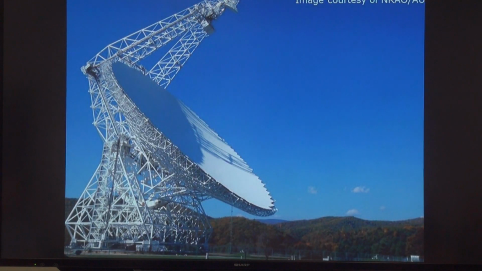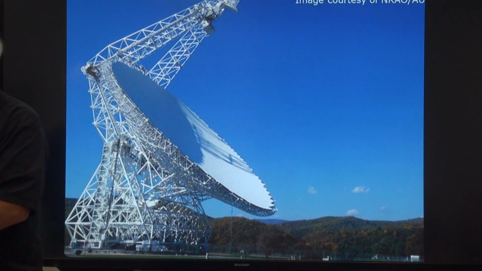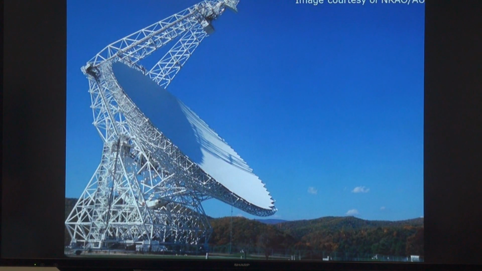And then, of course, there is the GBT. They call it the Green Bank Telescope. I call it the Great Big Telescope. Okay? And that's compared to something that we have in SARA, the Society of Amateur Radio Astronomers, called the Itty Bitty Telescope, the IBT, which is basically a small TV dish.